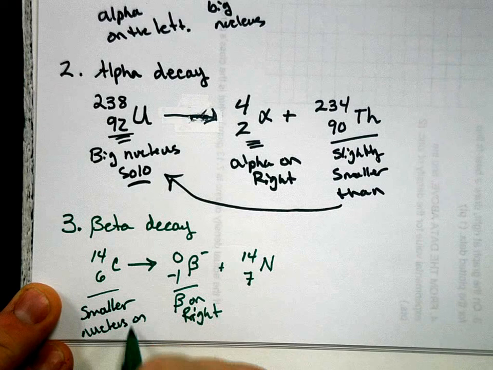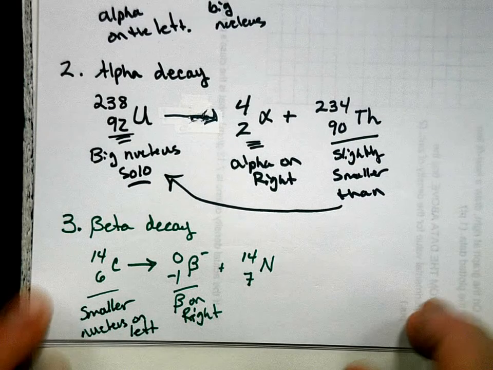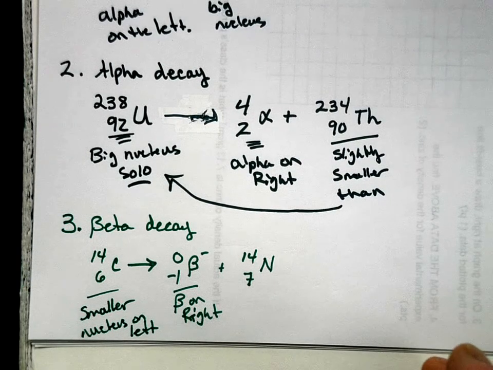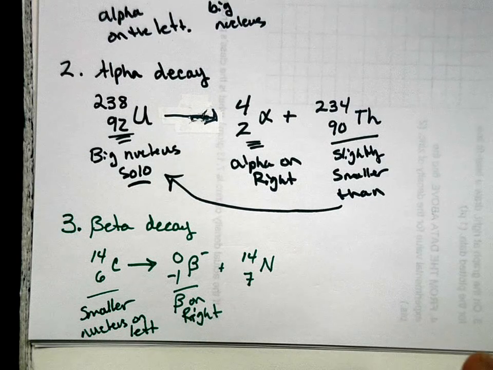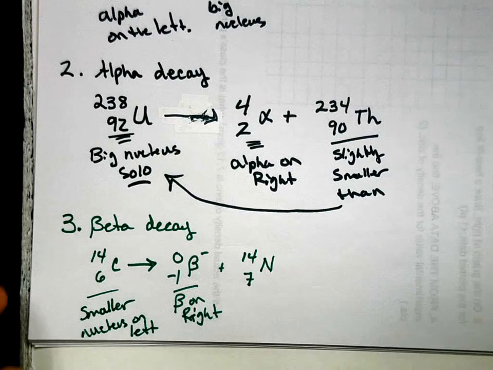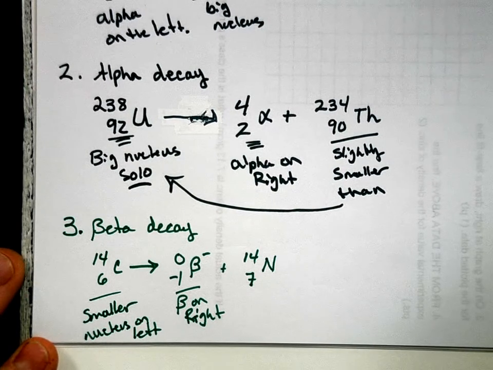Beta decay tends to not happen with larger nuclei. It tends to happen with smaller nuclei. It can with big ones, but it doesn't always have to. Right, so that's beta decay.